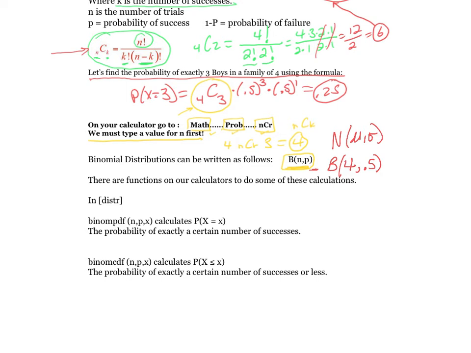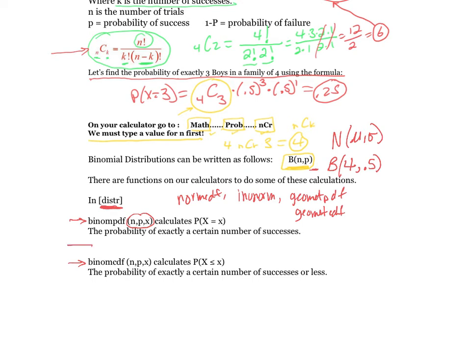Now, calculators have some of this built in, which is really nice. If you go to the distribution command, which is the same place where we found from before normal CDF, inverse norm, and geometric PDF and CDF, in that same area is where you find the binomial PDF and CDF. For this, you need to know 3 numbers: N, the number of trials, P, the probability of success, and then X, how many successes you want.